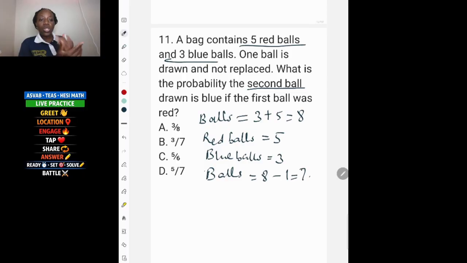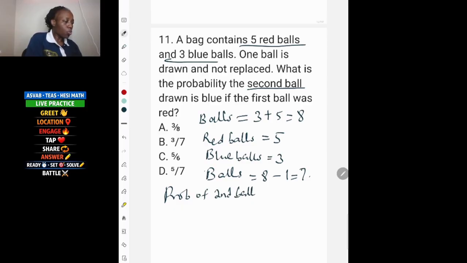Though we don't know which one was taken or drawn, the good thing is the total of balls is now 7, no more 8. So what is the probability that the second ball drawn is blue if the first ball was red? I will just say probability of second ball blue.